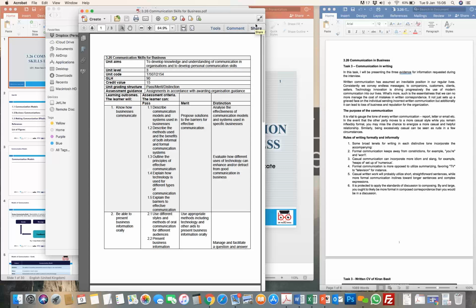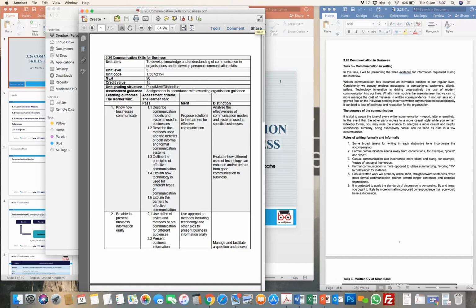At higher levels, in level 5 and 6, this particular unit will develop into things like management of information, or how information is used via communication to send messages and strategic objectives to different types of people within the organization.